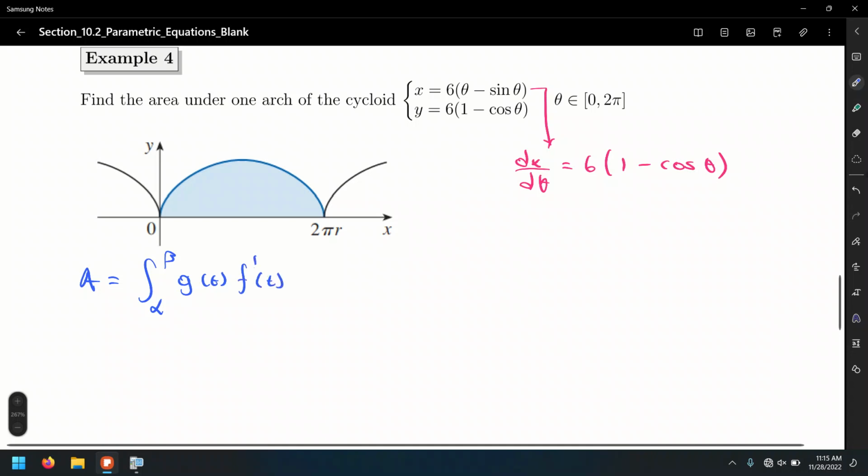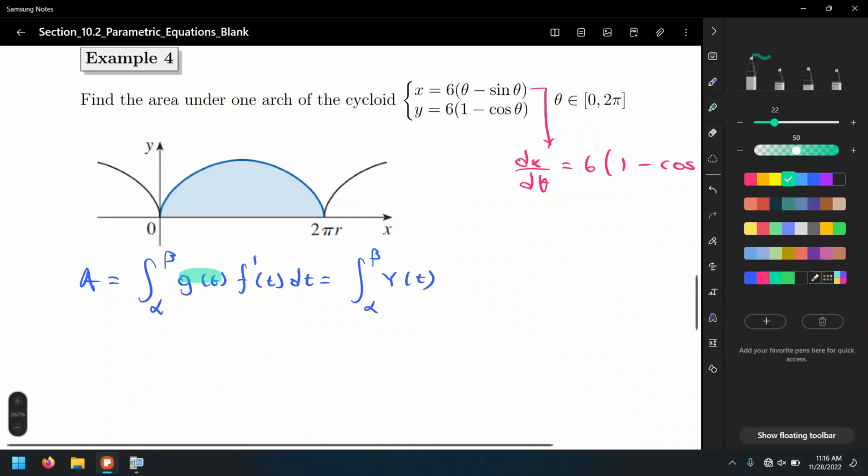Times f prime of t dt. This is the integral from alpha to beta. The g of t function corresponds to the y of t function. I'm going to highlight this just so you can see what this really is. G highlighted with y, which is this y right here.